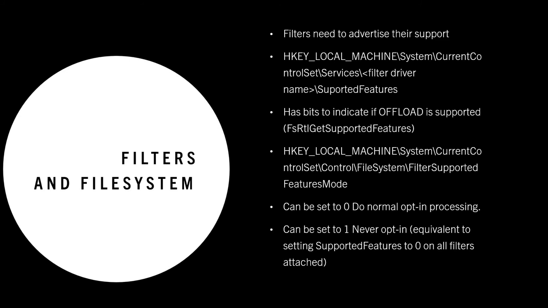Also, there's a per file system key called FilterSupportedFeaturesMode. It can be set to 0, and Windows will do the normal opt-in processing, or it could be set to 1. It will never use offload, and offload will fail, and it's equivalent to setting SupportedFeatures to 0 on all filters attached.